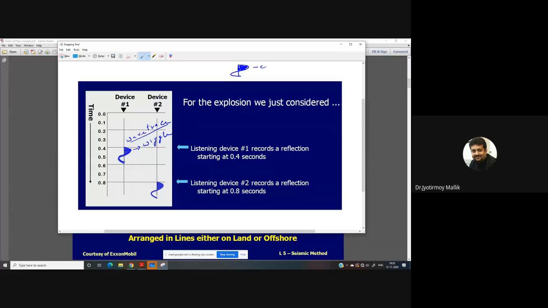So this is the compressional part, and this is the dilational part. This is one phase, phase 1, and this is phase 2.